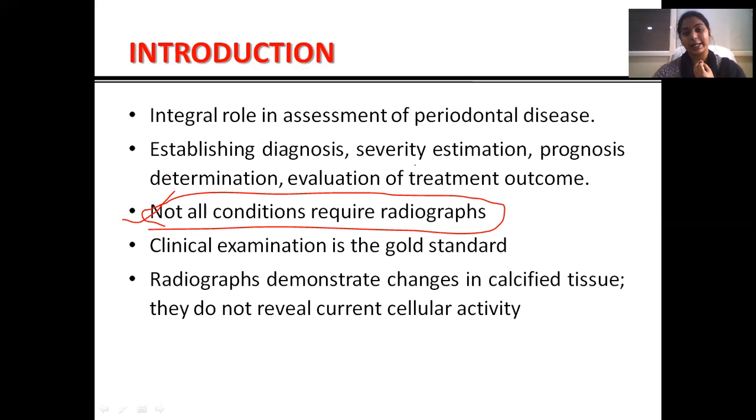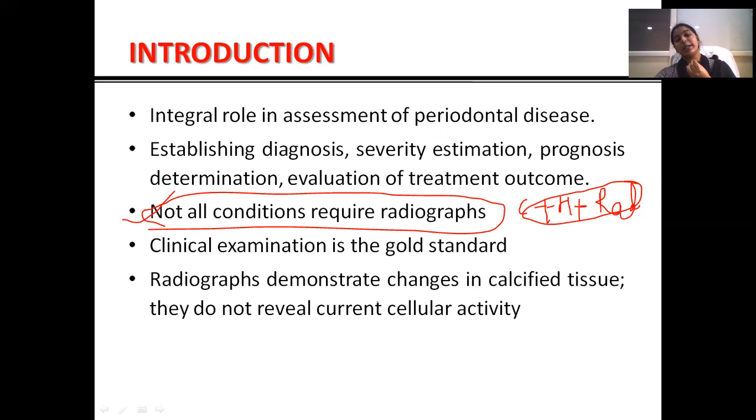Along with the clinical examination, the historic findings provided by the patient, along with the radiographs if necessary, form the diagnostic workup. Radiographs form only one element of the diagnostic workup, but they are not a substitute for the clinical examination. They are always an adjunct to it.